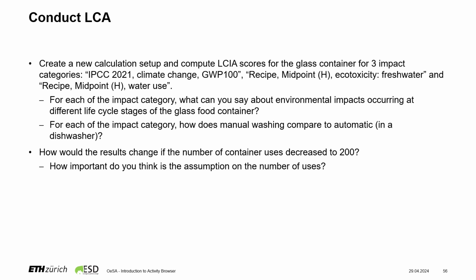Basically answer some questions here. And then a very simple sensitivity analysis at the end would be to decrease the number of uses to 200 and see how this modeling choice affects the results as well.